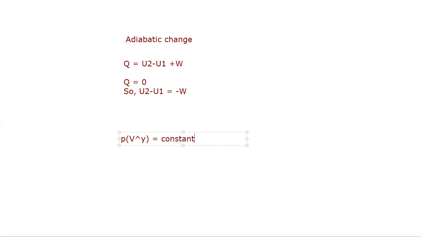Okay, and this is one formula. The other formula for an adiabatic change is T V to the power gamma minus 1 is equal to constant, where gamma minus 1 is the power of V. And next is one more, the relation of P and T: P to the power gamma minus 1 divided by T to the power gamma is equal to constant.